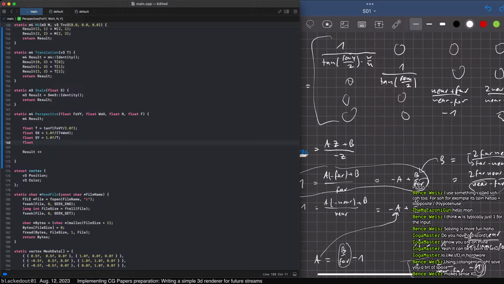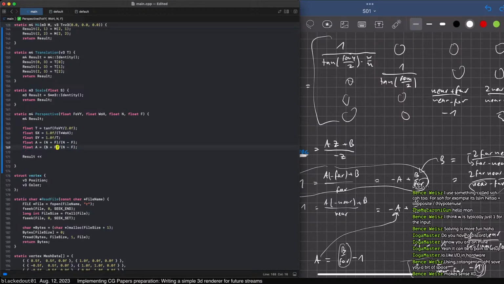And then again I can call these a and b. So a was this vector here, that's near plus far divided by near minus far.